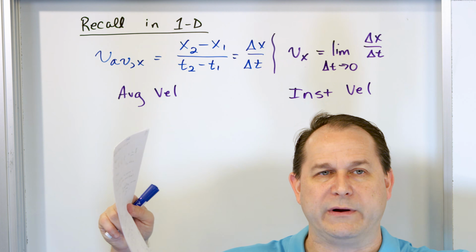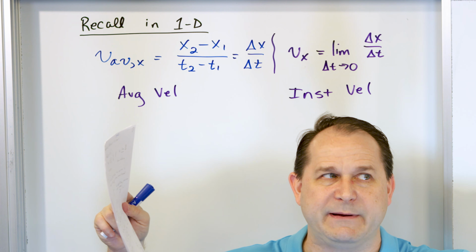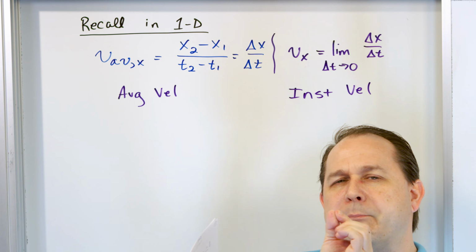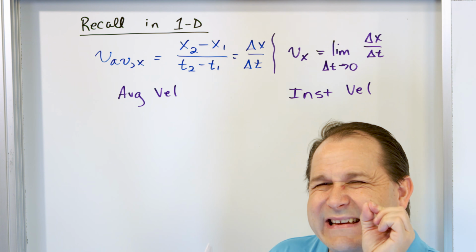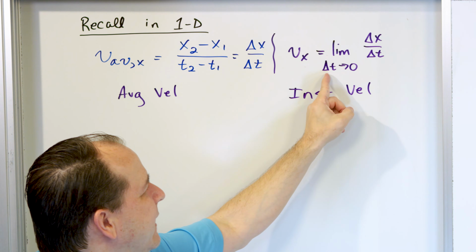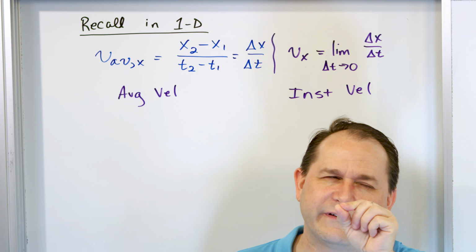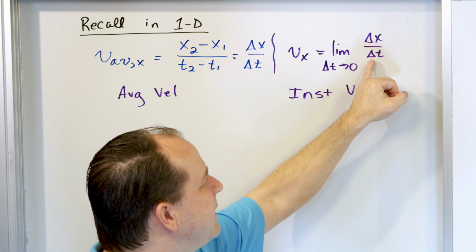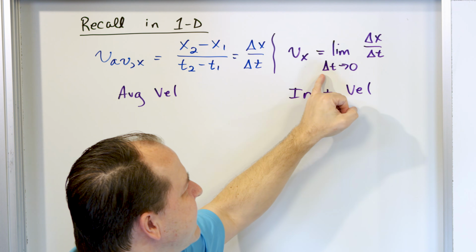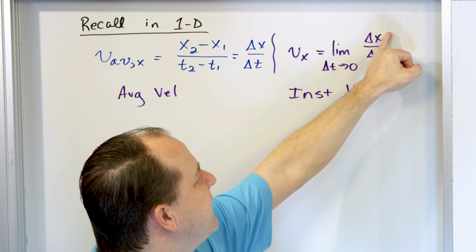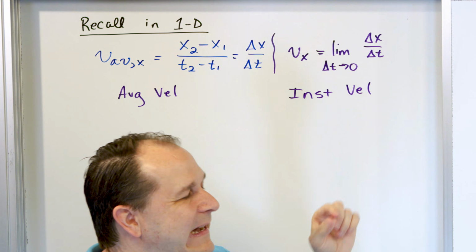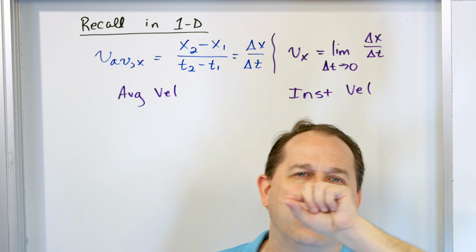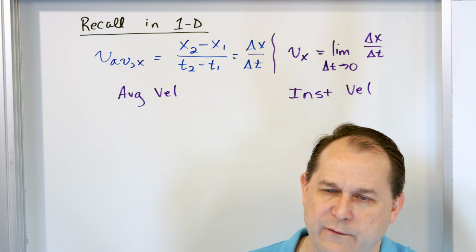Instead of two endpoints separated far in time and space, we just shrink everything down and we just consider how far does the particle move in an insignificant amount of time. That's why delta t goes to 0. And of course, it's going to move a teeny tiny distance also. And we take this teeny tiny distance divided by this teeny tiny time. As it continues to shrink down to 0, distance divided by time, that's called the instantaneous velocity at a single point. Again, only in one dimension, because this is a review of what we already know.